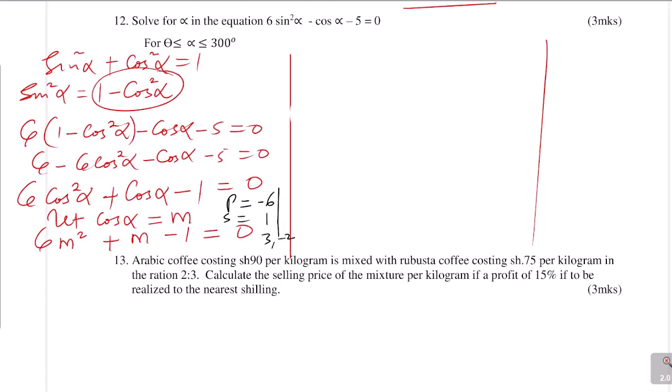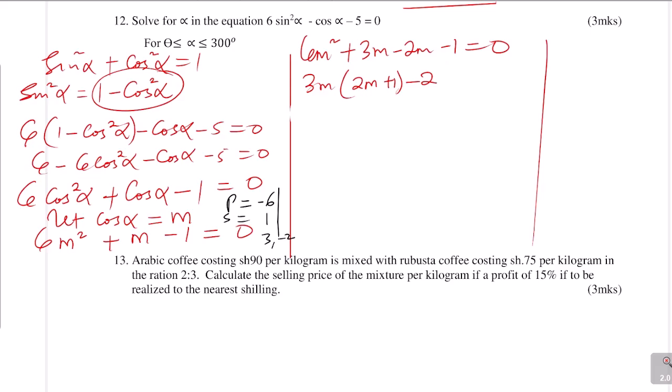6m squared plus m minus 1. Now you can go ahead and factorize. So you're going to have 6m squared plus 3m minus 2m minus 1 is equal to 0. What is common here? 3m is common, so what remains is 2m plus 1.